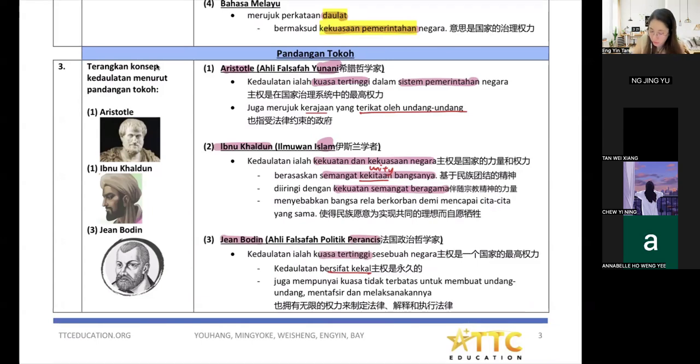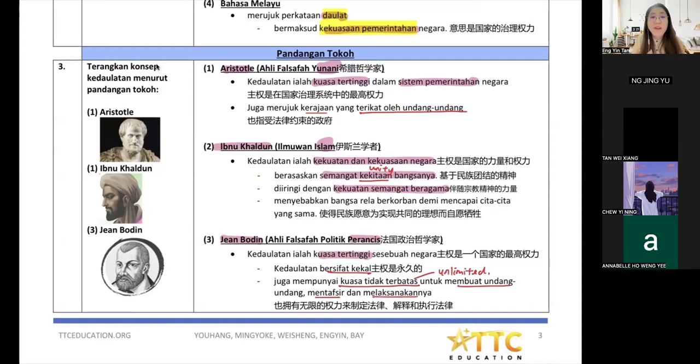And this power will not be overridden. The moment you have this power, kedaulatan, no one can override you. You have the unlimited power. Tidak ada batas means unlimited. No one can control you to create the law, mentafsir dan melaksanakannya.